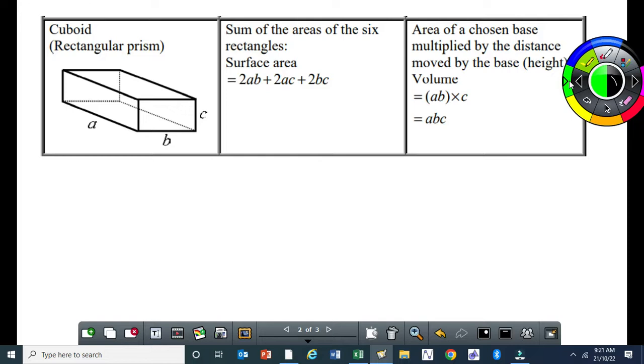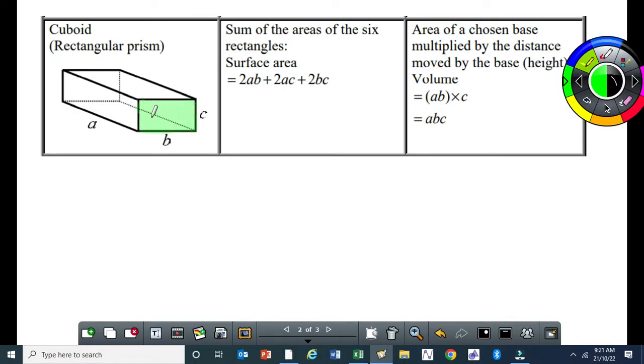But the good thing is, some of the faces have the same area. If they are opposite each other, then they've got the same area. So, how many pairs of faces are the same? There are 3.